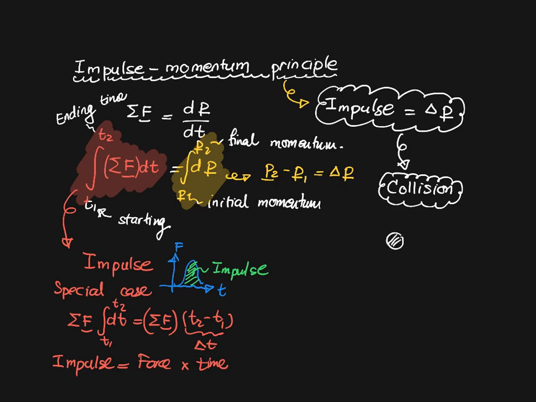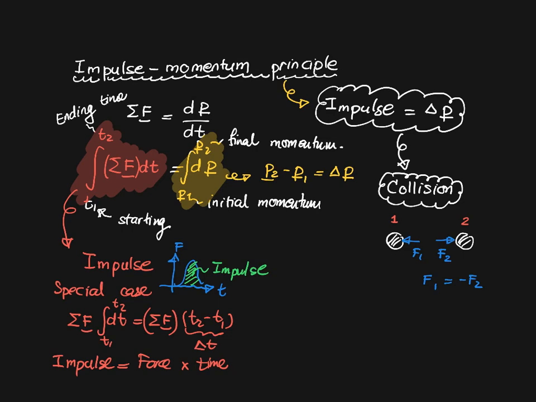When we consider the collision between two or more particles, when particle number 1 and particle number 2 collide, particle 1 will push particle 2 with this force F2, and particle 2 will push particle 1 back in the opposite direction. And according to Newton's third law, F1 is going to be equal to minus F2. It means that both forces have the same magnitudes, but they are in opposite directions.